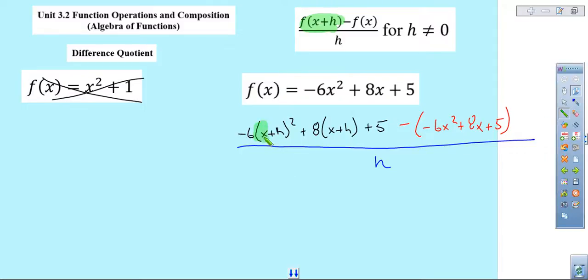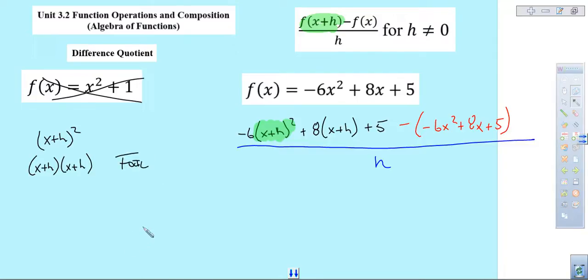So when we take a look at this piece right here, we have to realize that that is x plus h squared. So come off on the side of your paper, we know that x plus h squared is actually x plus h times x plus h, which means that we need to FOIL.